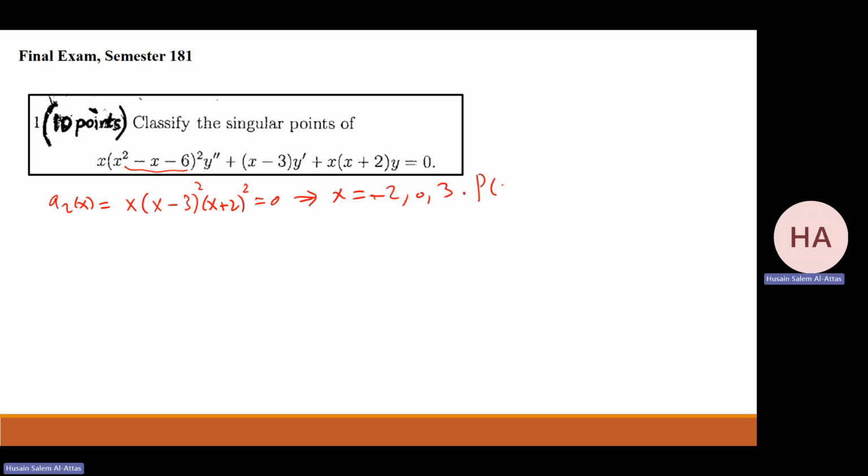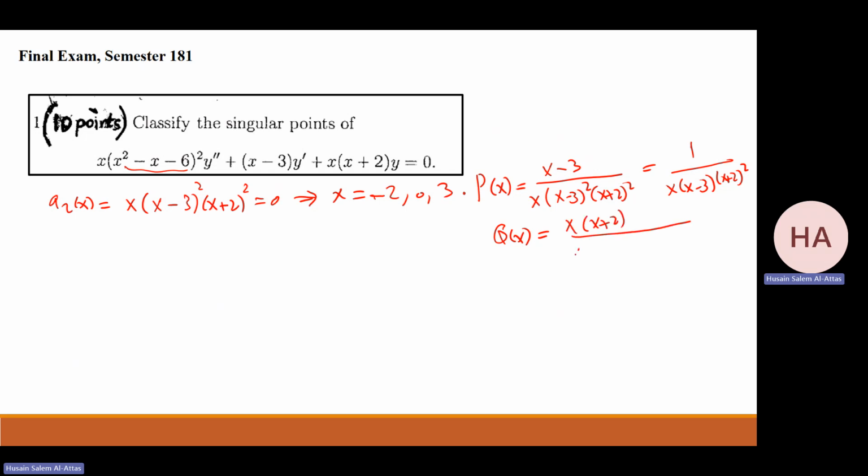Capital P of x will be x minus 3 over x times (x minus 3) squared (x plus 2) squared. That will be 1 over x (x minus 3)(x plus 2) squared. Capital Q of x will be x times (x plus 2) over x (x minus 3) squared (x plus 2) squared. That gives me 1 over (x minus 3) squared (x plus 2).